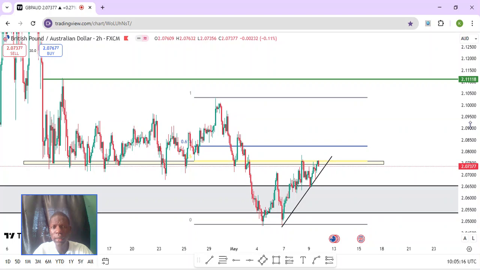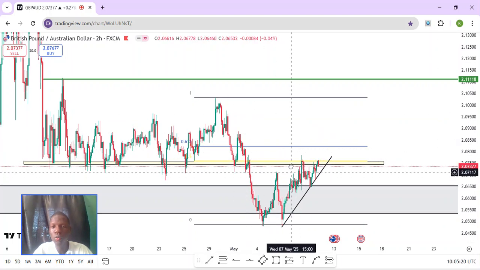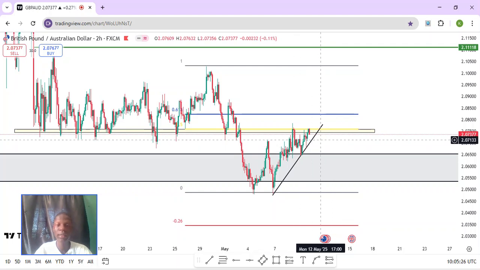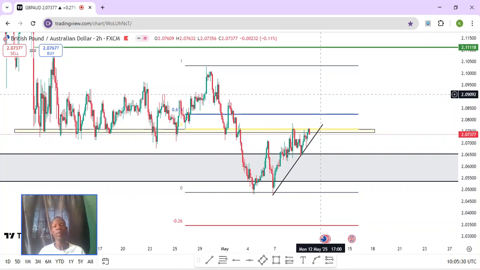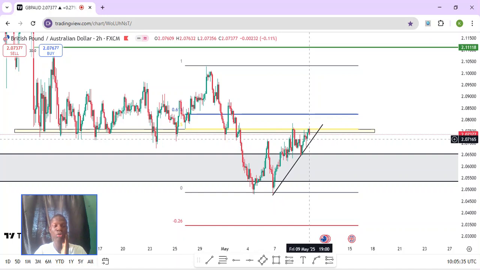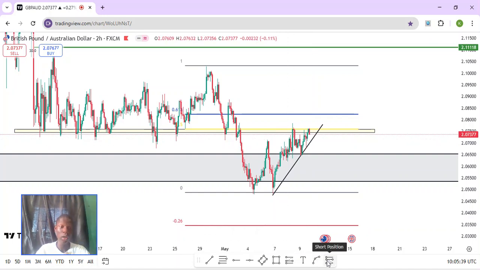We are going to wait for this level and the counter trend line to decide for us. If the market breaks above, then this trade will be invalid. But if the market breaks below, like if the market breaks this counter trend line, there will be selling, guys. So that's the analysis we have on GBPAUD.